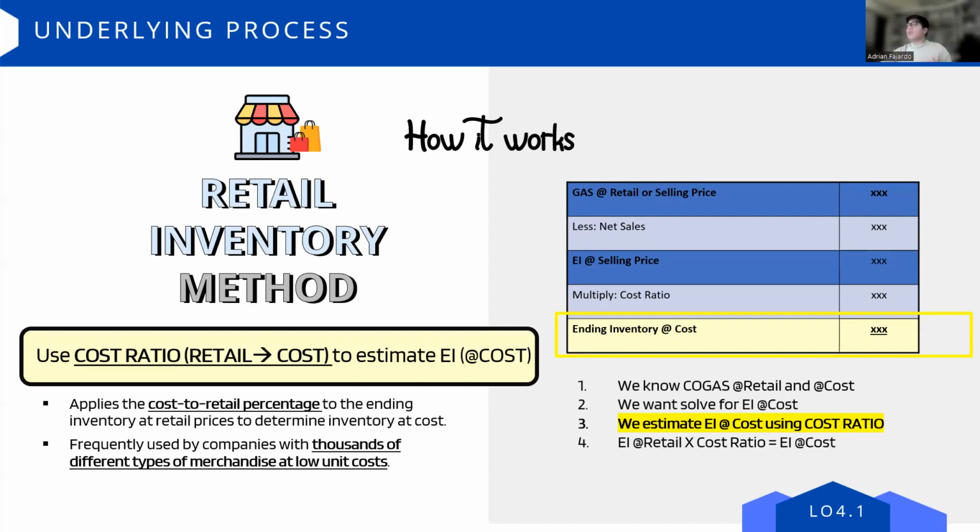And then therefore, we will get our ending inventory at selling price. So the last step na lang is, how do we get our ending inventory at sales price all the way back to yung cost? So how to do that is by multiplying what we call our cost ratio. And then that's when we get our ending inventory at cost.